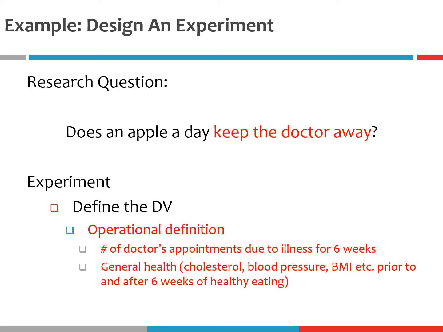And with our more abstract conceptual definition, in order to have the specificity needed for an operational definition, right, we would specify the specific indices of health that we'll be monitoring. All right, so maybe we will look at cholesterol and blood pressure and maybe BMI as an index of the influence of apples or healthy eating on general health outcomes, right?